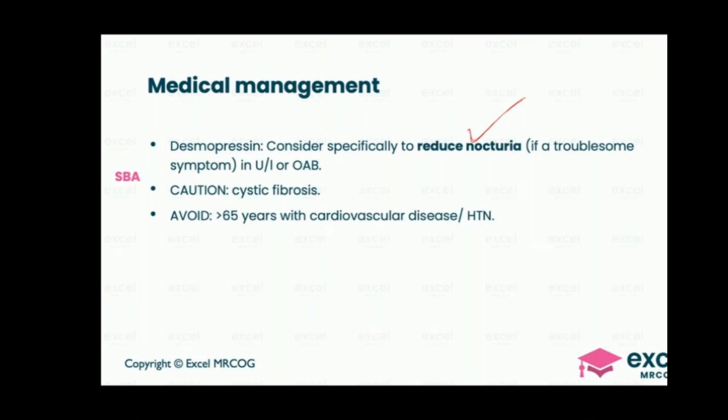But it has to be used with caution in cystic fibrosis, and it has to be avoided in those who are more than 65 and having cardiovascular disease and hypertension, because it retains water in the vascular system.